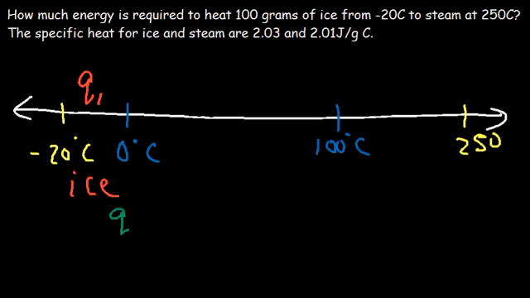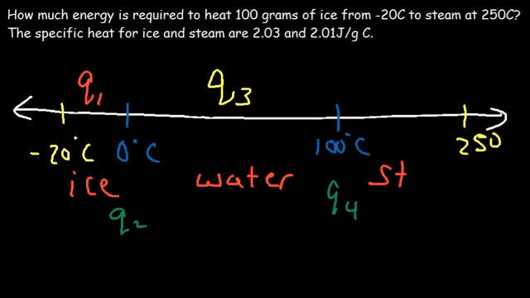Q2 is going to be the phase change from ice to liquid water. Q3 represents the temperature change of liquid water from 0 to 100. Q4 is the phase change from liquid water to steam. And Q5 is going to be the temperature change of steam from 100 to 250. And then we're going to add these 5 values together.